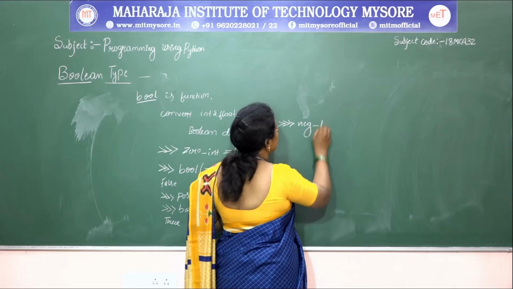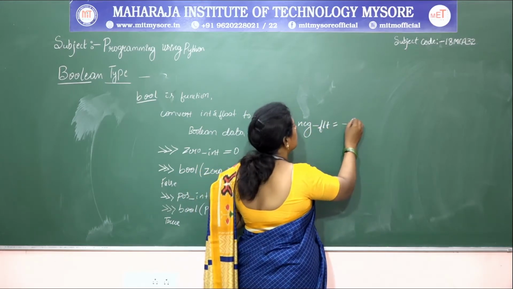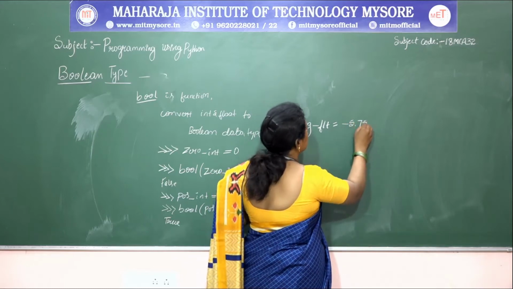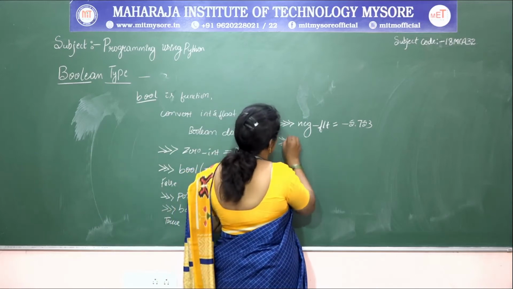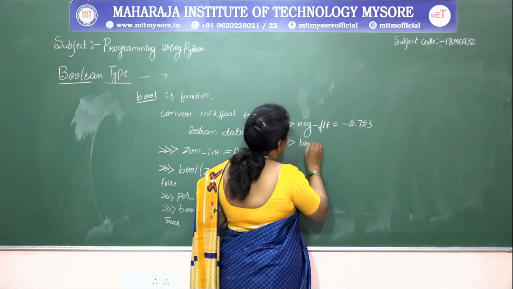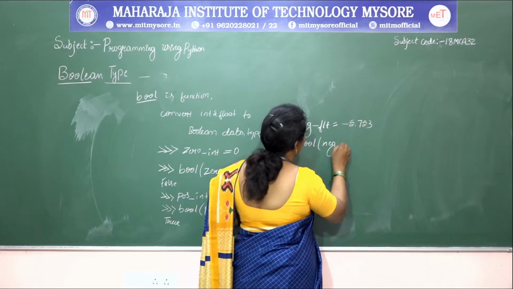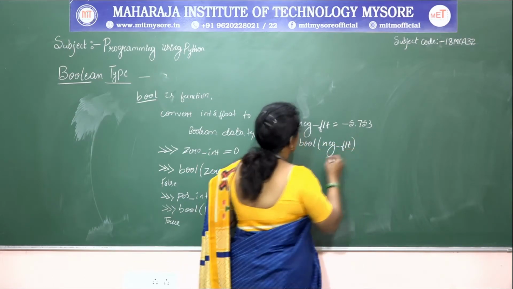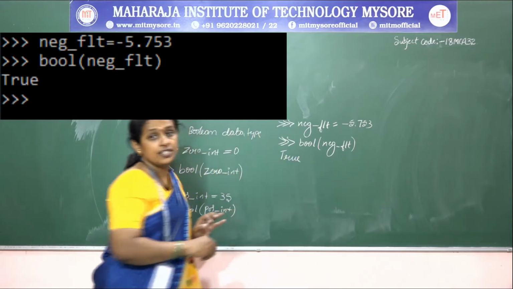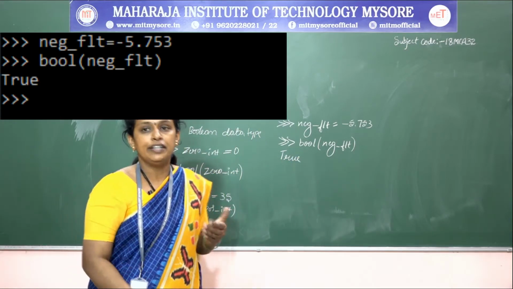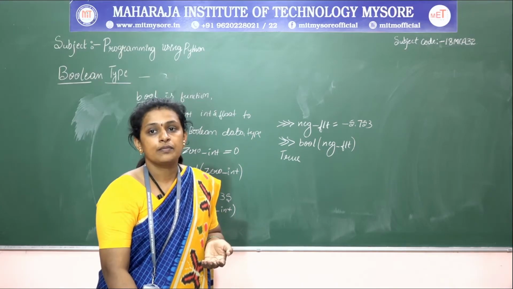Here I am considering a floating point negative value. Convert this value to a Boolean value, and I will get output as True. So this is how we can convert integers and floats to Booleans.